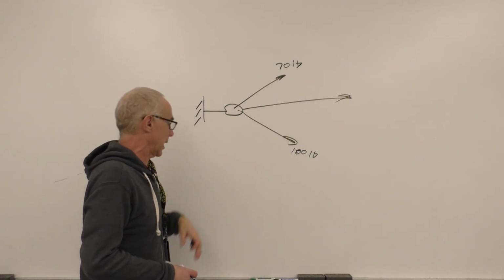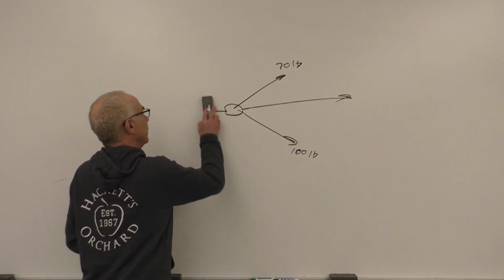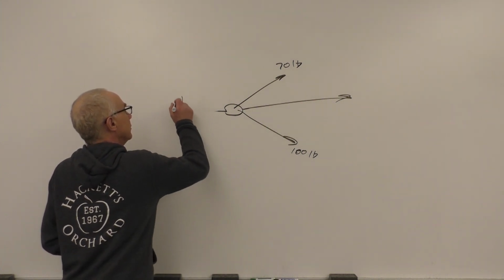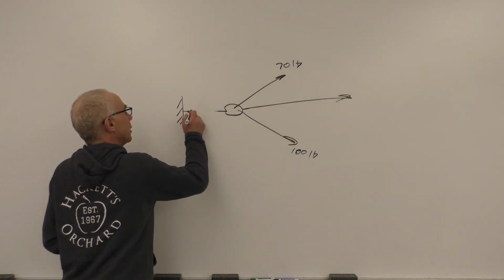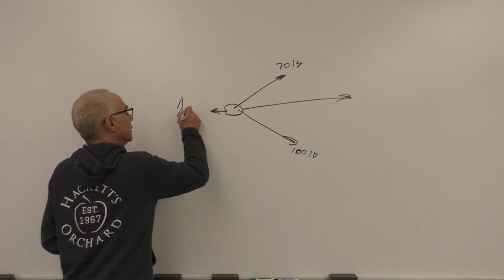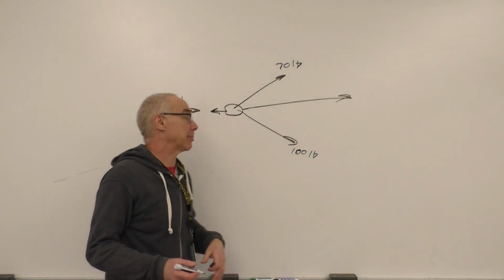What we're going to do in this case is take that support and basically separate it from our system. So it's still here. Here's the support. And there's going to be a force, essentially. And obviously from Newton's law, we know that forces are always going to be equal and opposite.